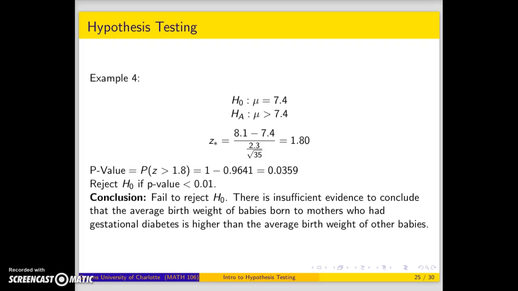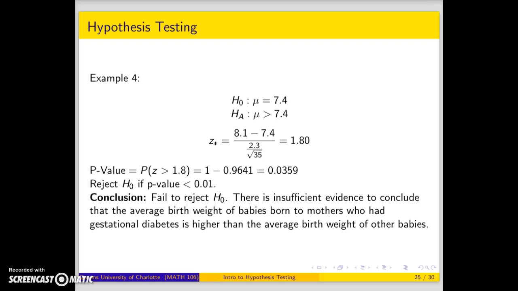So the first thing we do is set up the hypotheses. So we want to see if the population mean of babies from mothers with gestational diabetes is greater than the overall population, which is 7.4. So our alternative is mu is greater than 7.4, meaning our null hypothesis is mu is equal to 7.4.